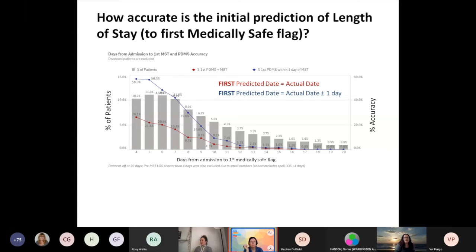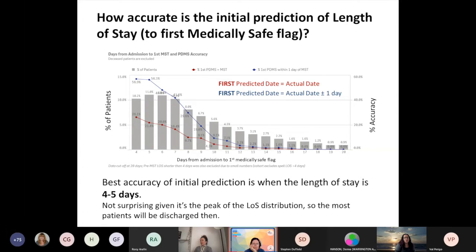It's a little bit better, going up to almost 60%, for 4 to 5 days. So the best accuracy is when the length of stay is 4 to 5 days. It's not surprising because, as you can see in the gray bars, that is the distribution of those lengths of stay. So actually that's the peak of the distribution.